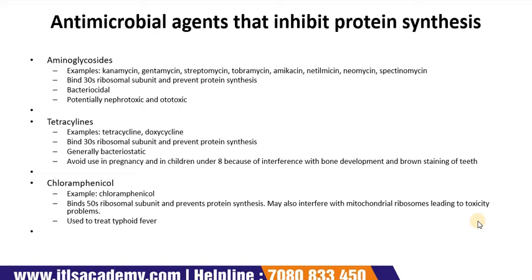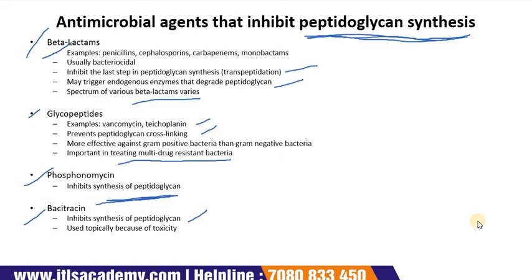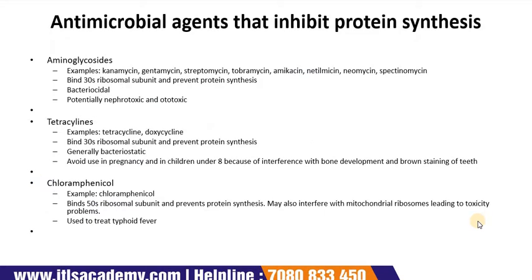The next depends upon the mode of action. In the previous slide, I discussed some of the antimicrobial agents that resist the peptidoglycan synthesis, and now we are discussing the antimicrobial agents that inhibit the protein synthesis. This is another mode of action, how the antimicrobial agents prevent the growth of microbes.